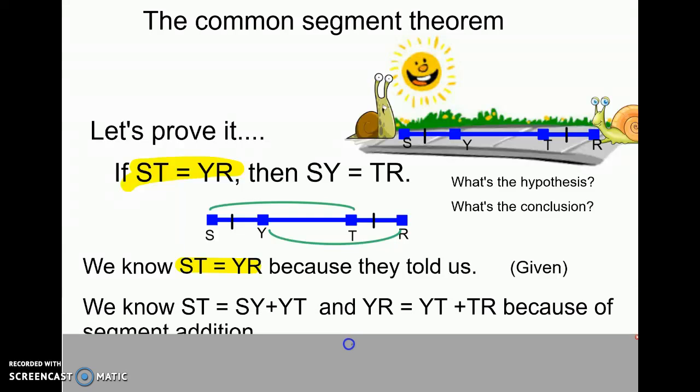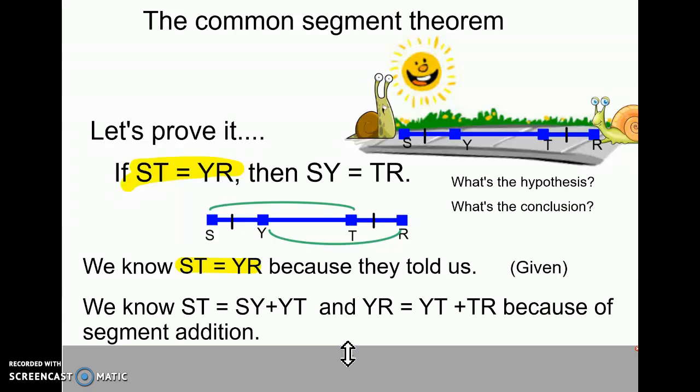We also know that ST equals SY plus YT. That says that this whole segment is SY plus YT. They just broke down the two little pieces. This piece and this piece equal the whole thing. The same thing for the second half: the whole thing YR equals the big piece and the little piece.